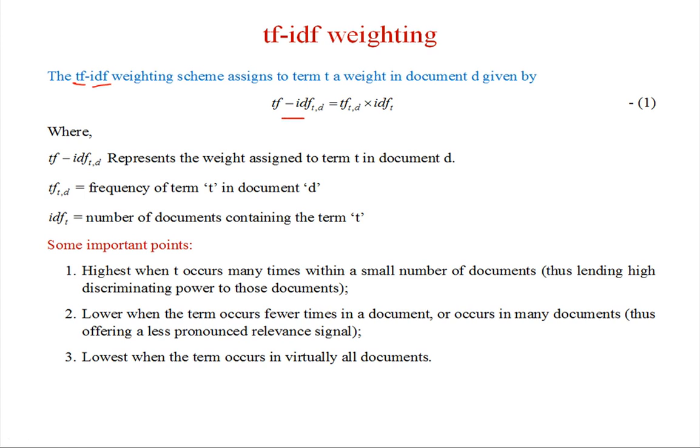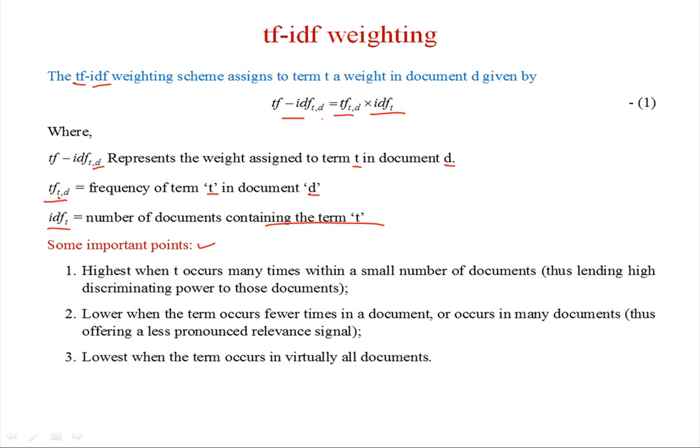So TF-IDF is equal to term frequency times inverse document frequency, where TF-IDF(t,d) represents the weight assigned to term t in document d. Here TF(t,d) means the frequency of term t in document d. Similarly, IDF(t) is based on the number of documents containing the term t.